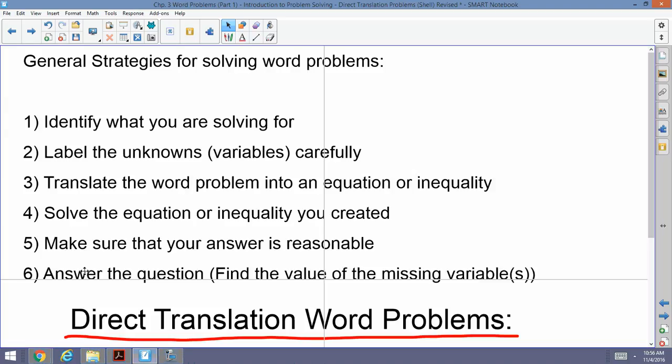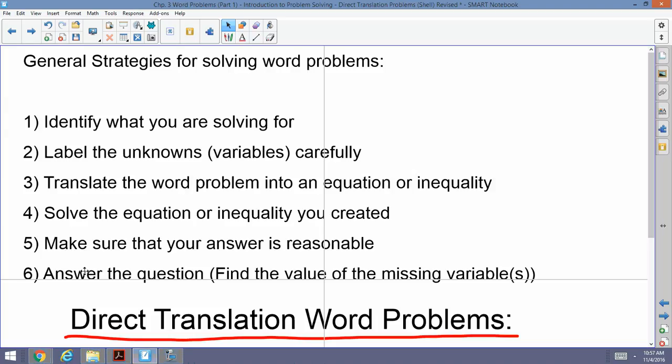Identify what you are solving for. Guys, I can't tell you how many times really smart kids, grinders, working hard, come to me confused because they don't read. Read. Figure out what you're solving for first. If you don't know what you're solving for, it's extremely difficult to get the answer.